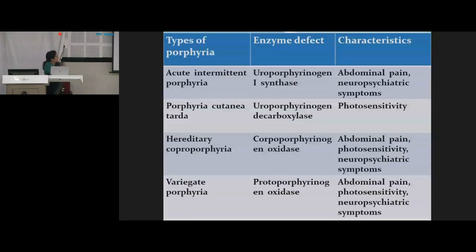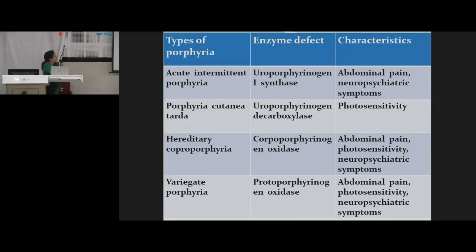So we have already seen in acute intermittent porphyria the enzyme deficiency was uroporphyrinogen 1 synthase. Mainly there is accumulation of ALA and PBG. So in this case, photosensitivity will not occur as porphyrinogen is not formed. So there is abdominal pain and neuropsychiatric symptoms.